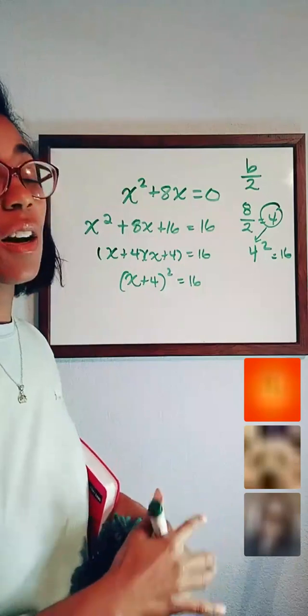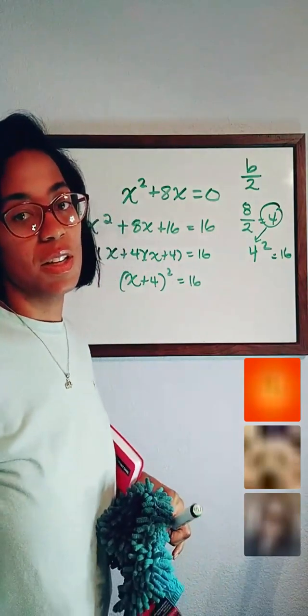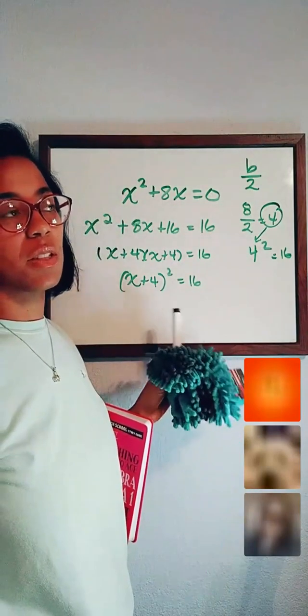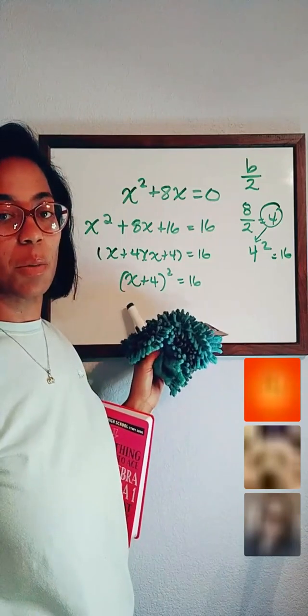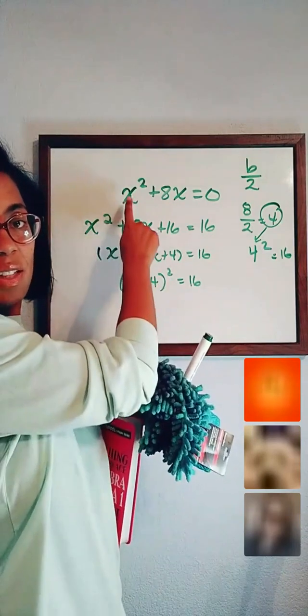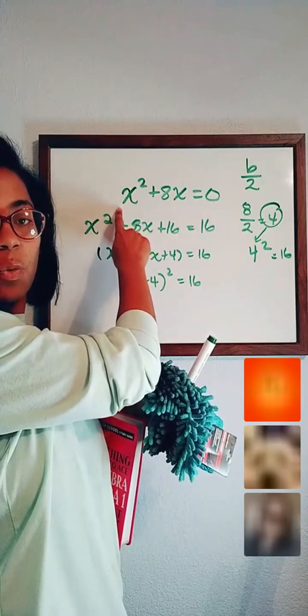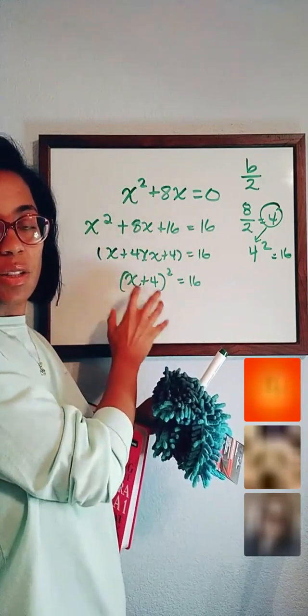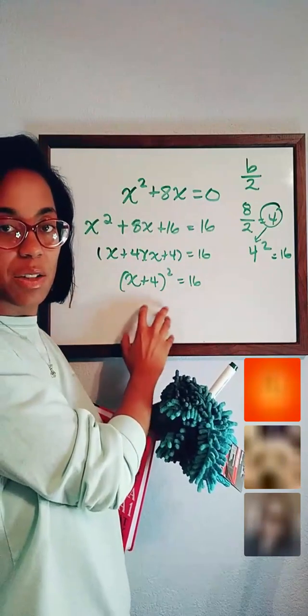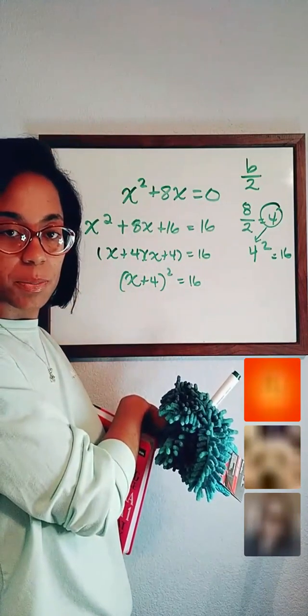It's called completing the square. The purpose of us dividing everything by 8 was to get that leading coefficient down to a 1, and then we're going to complete the square. It's the same method as this, except that 8 was in the front and we didn't want it there, so we divided everything by 8, and then we were able to complete the square so that we can factor into this perfect square binomial.